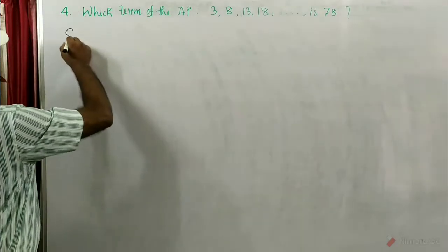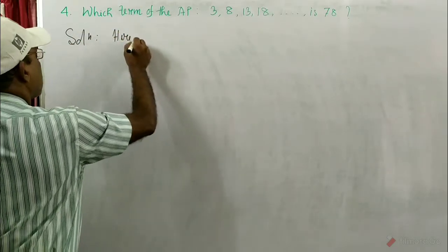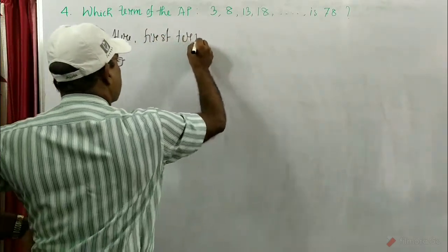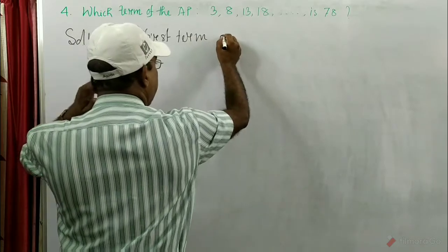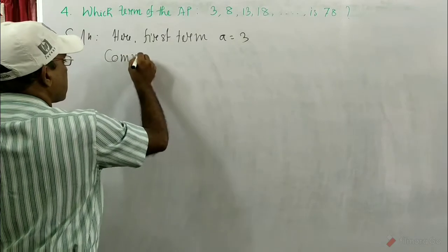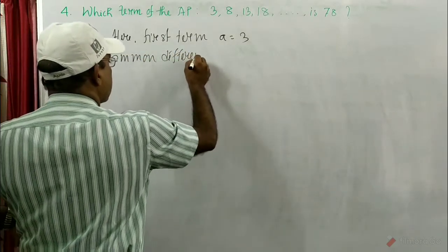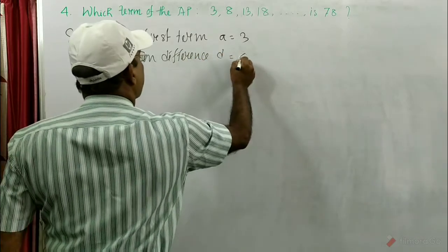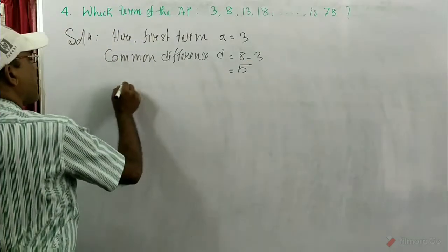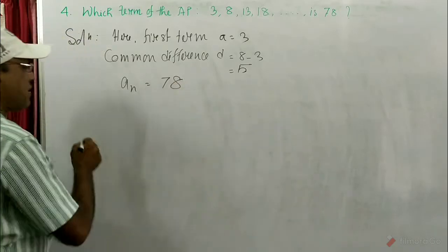Which term is 78? Solution: here the first term a equals 3. Common difference d equals 8 minus 3, which is 5. an equals 78.